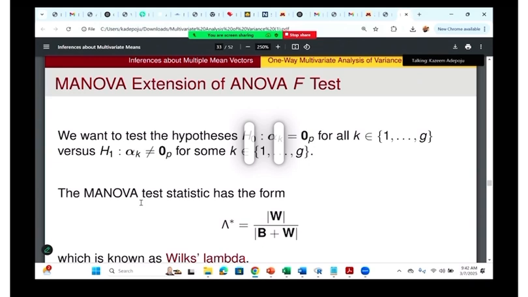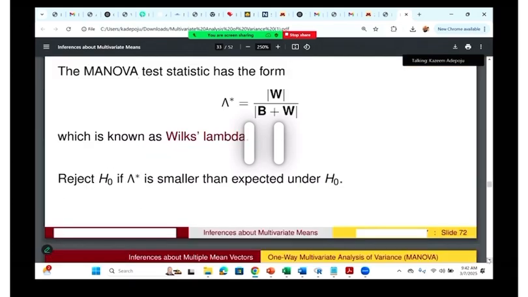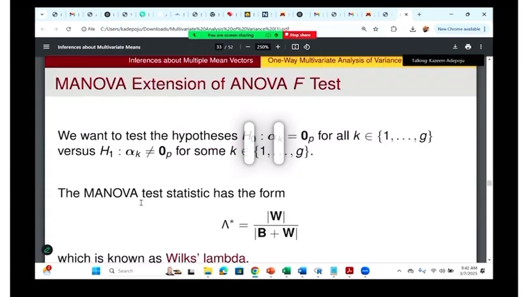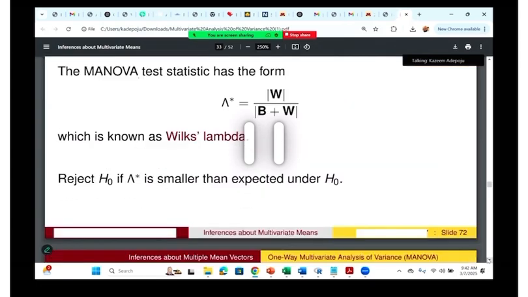So right now, you see the way I set up my Wilks' lambda. My Wilks' lambda statistic is just going to be the ratio of the determinant of W, which is the within variation, to the total variation, because the total variation is B plus W. Does that make sense? Fine. And what we're testing is the hypothesis. So we call that Wilks' lambda. Now, when do we reject H0? Please pay attention. We reject H0 if we have a smaller value of Wilks' lambda.